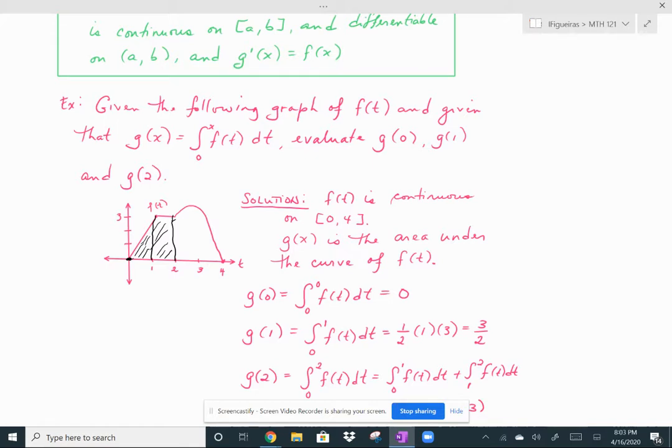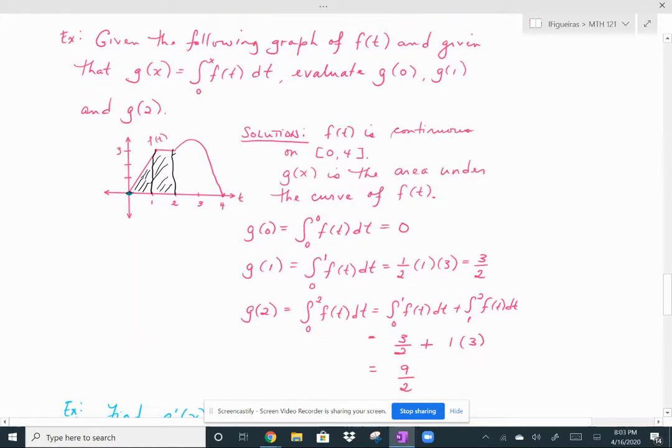So g of 0, when x is 0, that means you're integrating from 0 to 0 of f of t dt. Well, if I'm at 0, I'm right here, which means there is no area under my curve. We also discussed this when we were talking about integral properties. If the lower and upper limit are the same value, your answer for the integral will always be 0. There is no area under the curve at a single point.